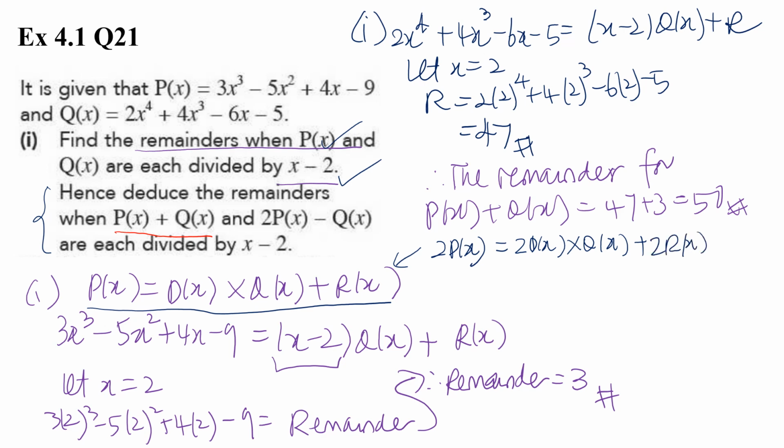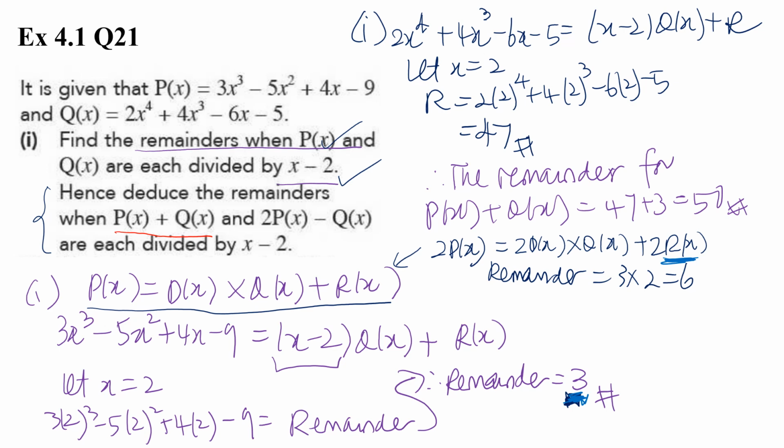We found earlier that the remainder for p of x when divided by x minus 2 is 3. If you multiply it by 2, the remainder becomes 3 times 2, which is 6.